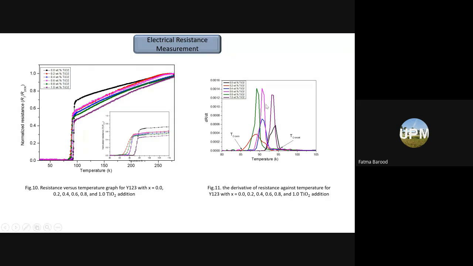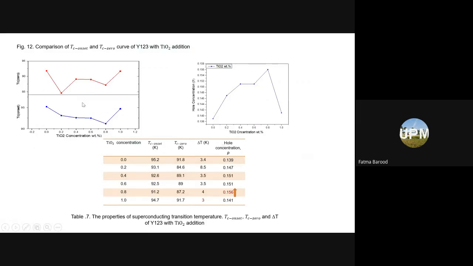The narrowest peaks were found for samples with a high percentage of titanium oxide: 0.6, 0.8, and 1 titanium oxide addition. This indicates optimum oxygen content in these samples. And here is the summary of superconducting transition TC0 and TC onset.